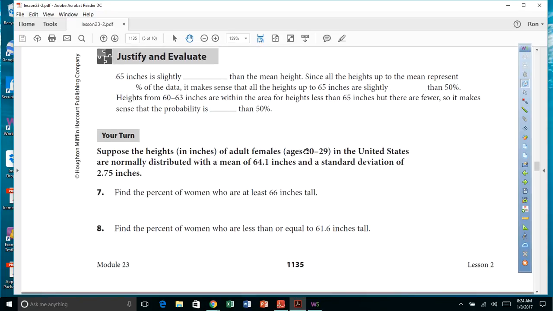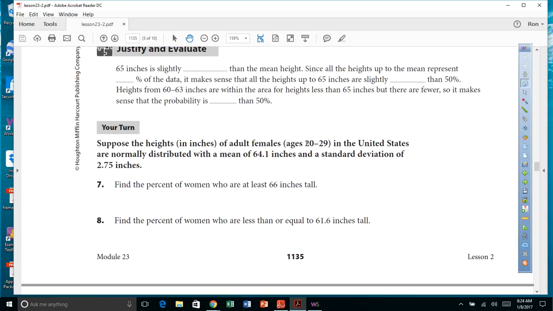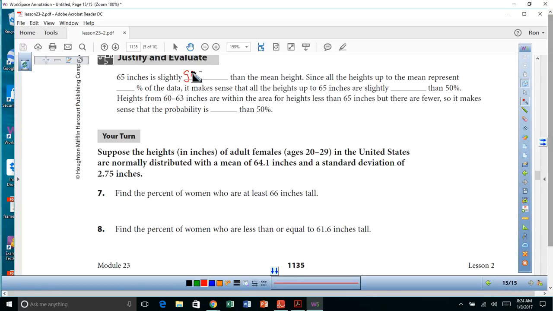Justify and evaluate. 65 inches is slightly greater than the mean height. Since all the heights up to the mean represent 50% of the data, it makes sense that all the heights up to 65 inches are slightly more than 50%.